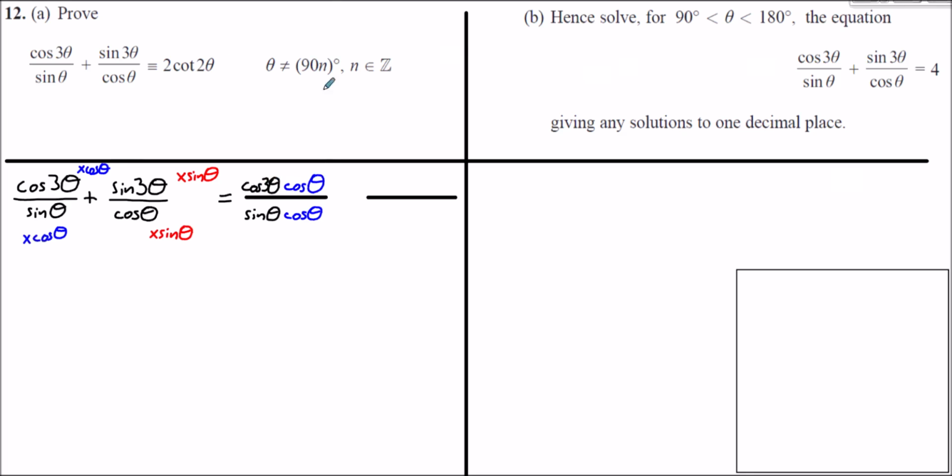Then I'm going to add on the second fraction. Because I'm multiplying top and bottom of this one by sine theta, this other one's going to become sine theta times a cos theta, which was there before. And this time, I'm multiplying the top one by sine theta. I'm going to put the sine theta last, so hopefully you can see a pattern with the numerator. So at the top, I'm going to get sine 3 theta times sine theta.